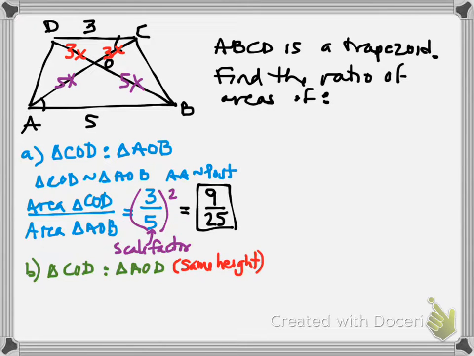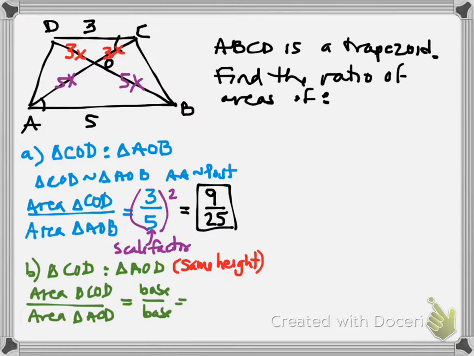So when I'm looking at that perspective now, and that's going to stay the same, what I'm supposed to do is compare the bases. So the area of triangle COD compared to the area of triangle AOD, because the heights are the same, I'm going to compare the bases.